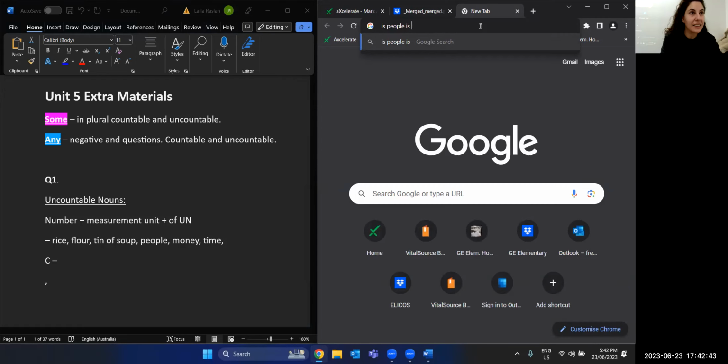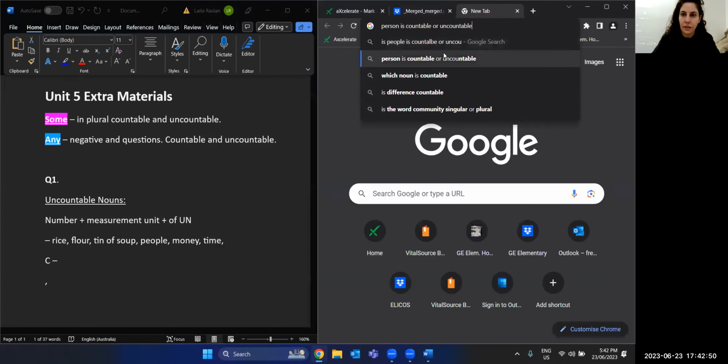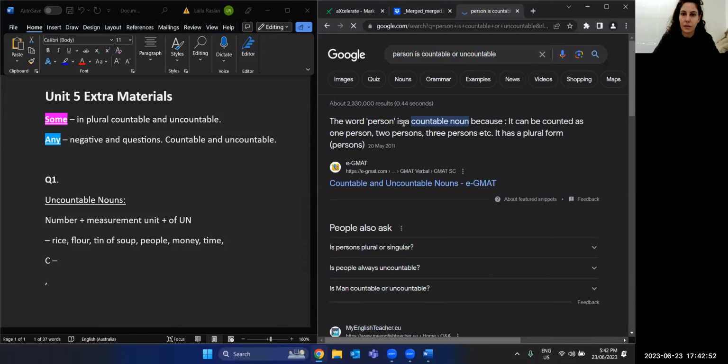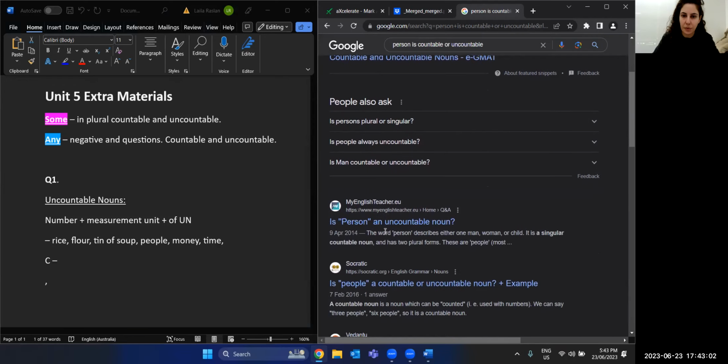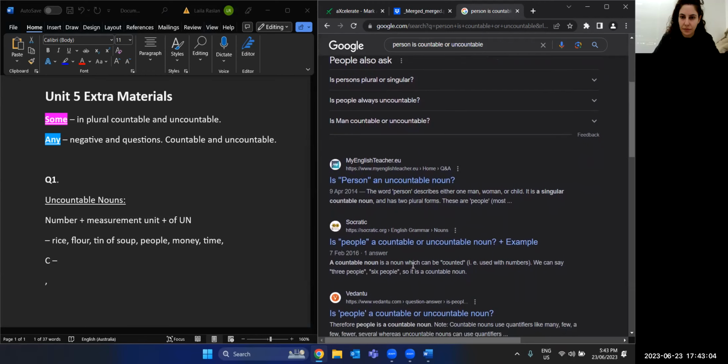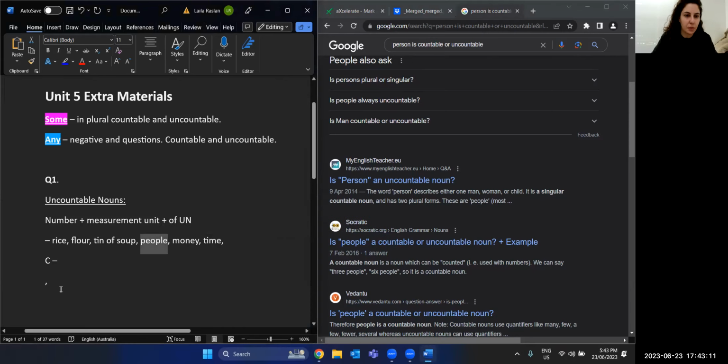Yeah, how many people are there in the room? 5. But people. Yeah, so it is countable because we say, yeah, 1 person, there's 2 people in the room. Okay, I'm going to put it back. It was countable.